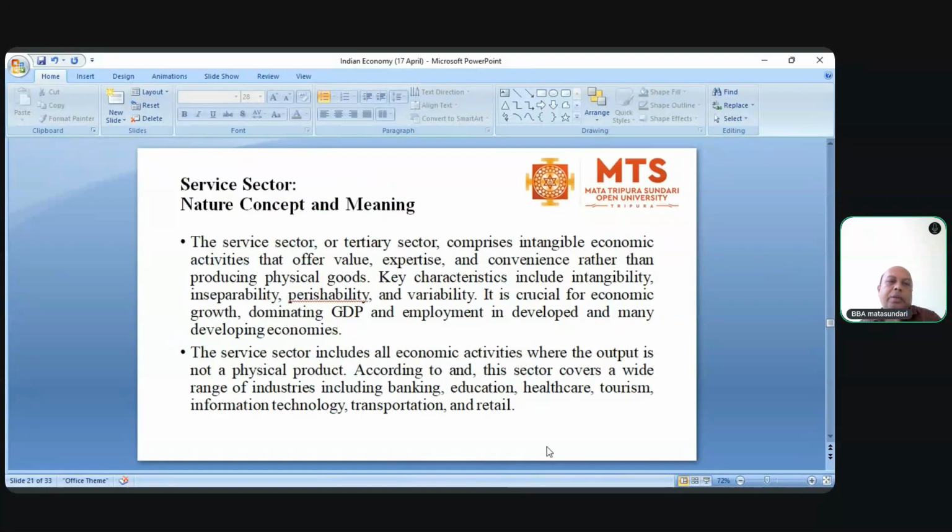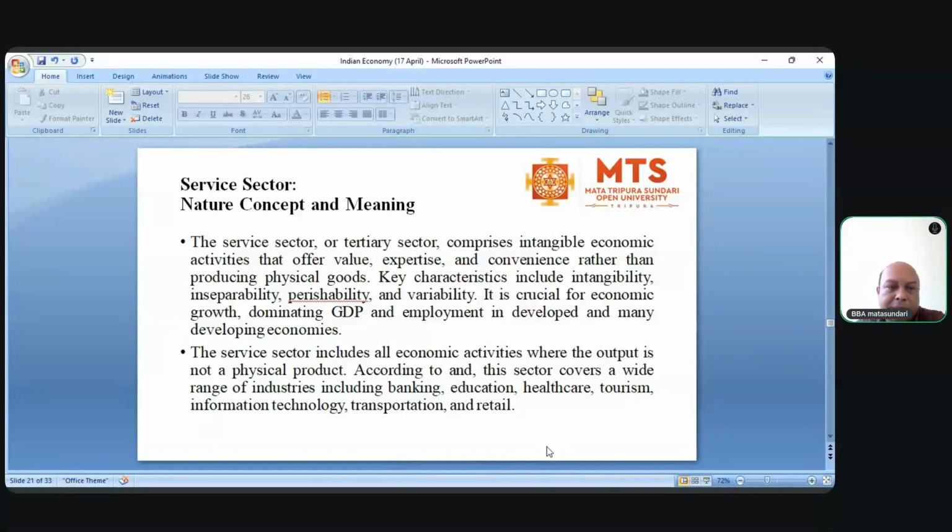So next we come to the service sector. The service sector is also sometimes known as the tertiary sector. The service sector produces such types of goods or services which are intangible in economic activities.